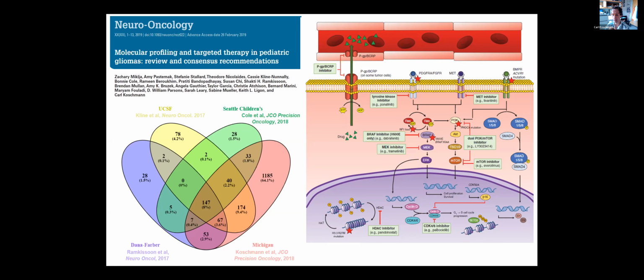It's probably more like 20 to 30, at most 40 to 50 drugs targeting about 10 to 12 pathways. And so how could we make our understanding of which drugs to use more objective?